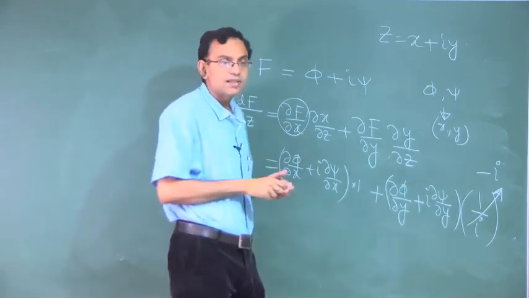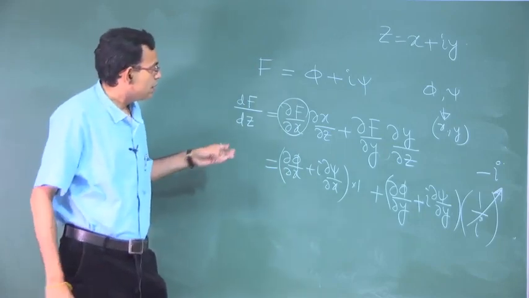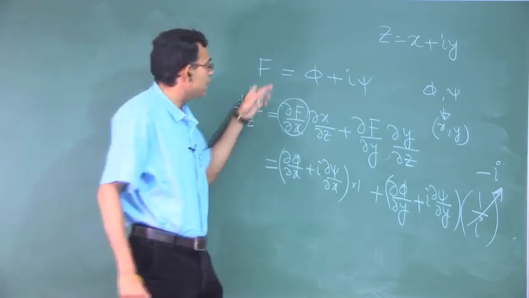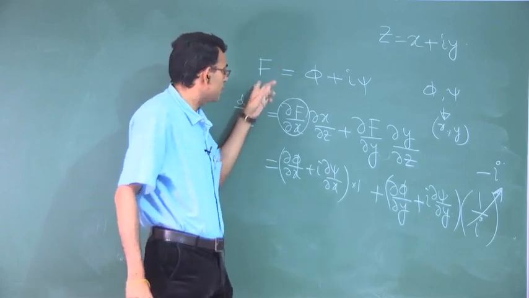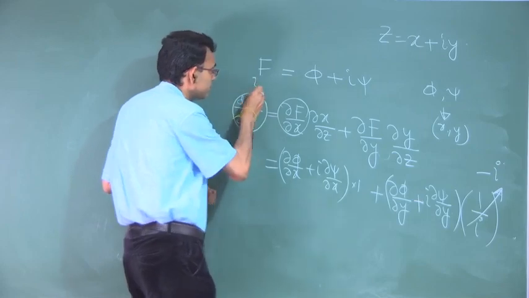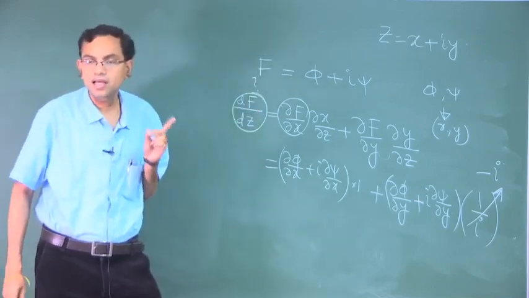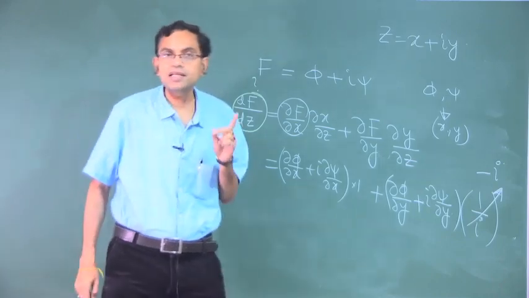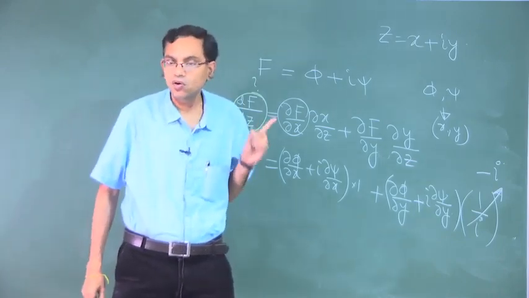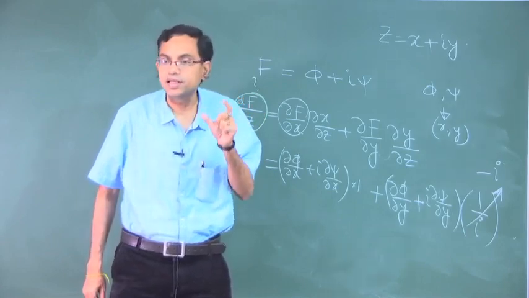Now, the question is that the function f, does it have a defined df dz? So, if it does not have a defined df dz, we say that it is not complex differentiable, or in another terminology we say it is not analytic.